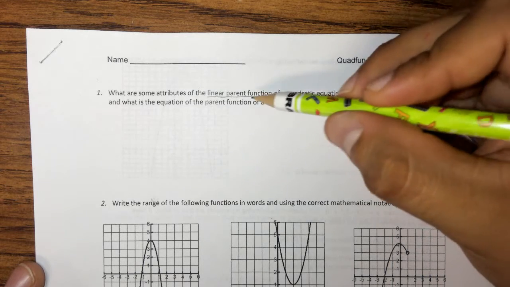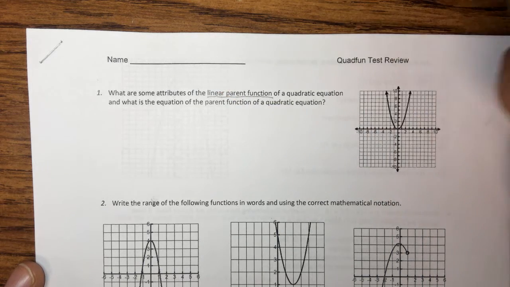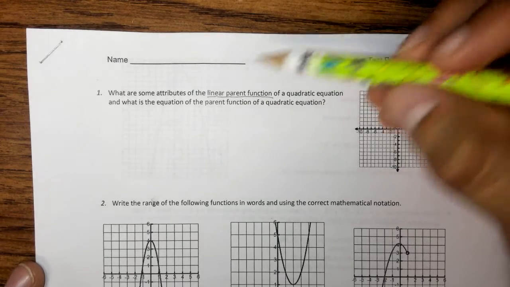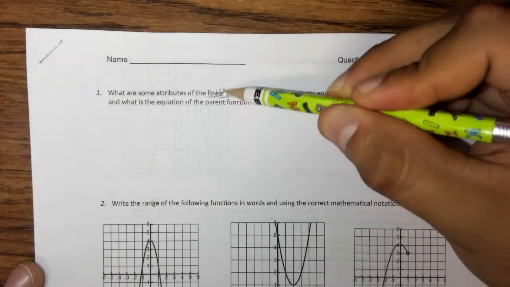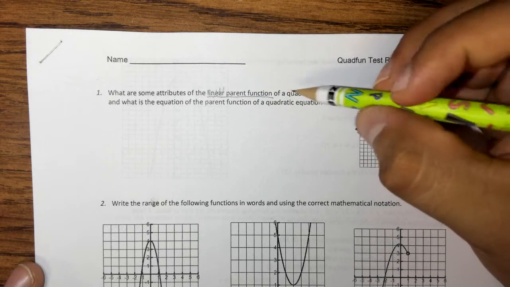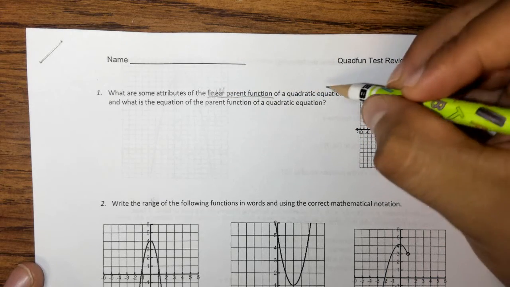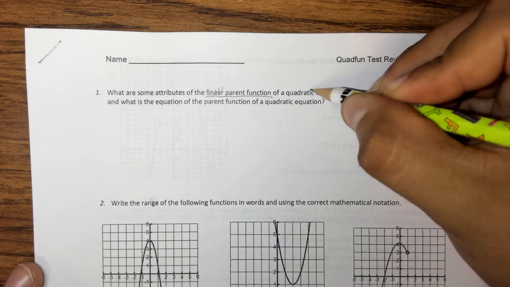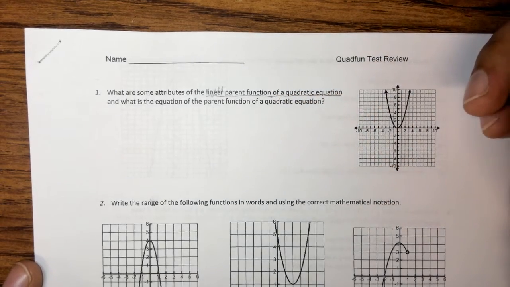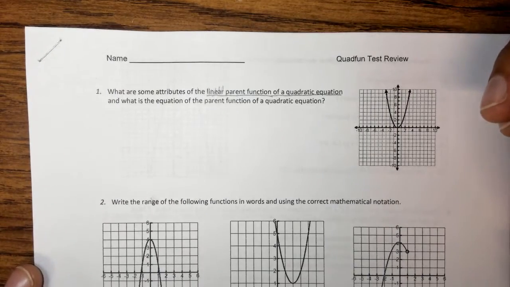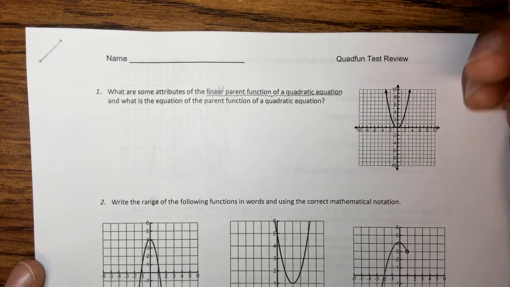I don't believe we need the attributes of a linear parent function. I think this might be a typo. What are some attributes of the parent function of a quadratic equation? I think this is what they meant. What is the equation of the parent function of a quadratic equation?